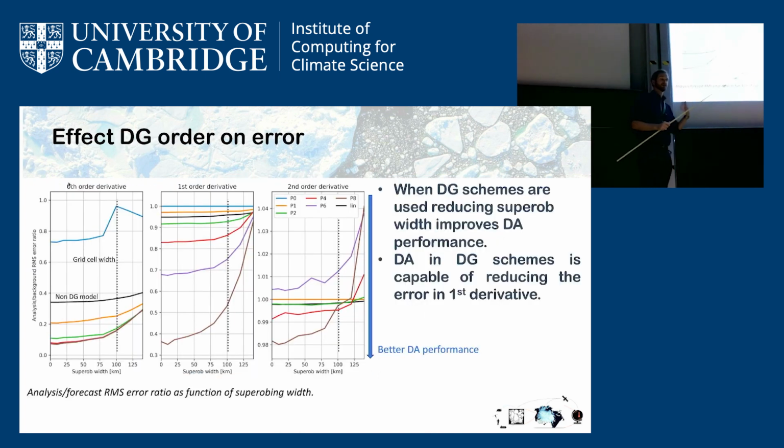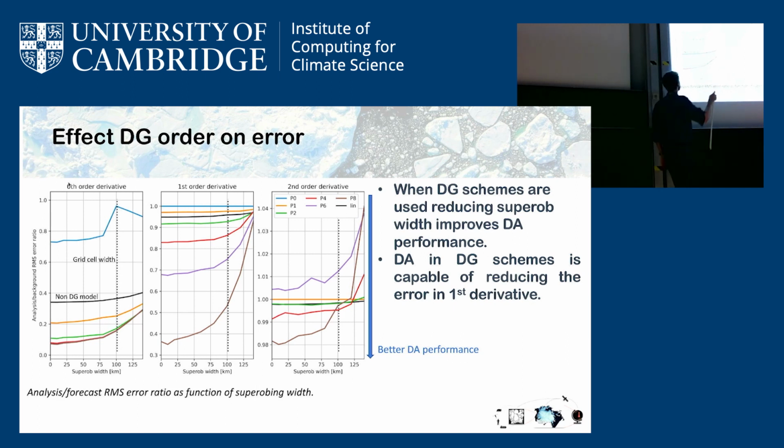And the question then is, can we now do successful assimilation using smaller super-obbing width or equivalently more observations? And that's shown over here. So what we're looking at is the ratio of the error after data assimilation versus the error before data assimilation.